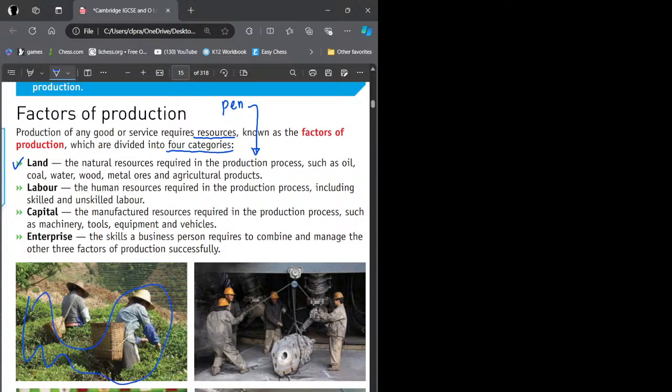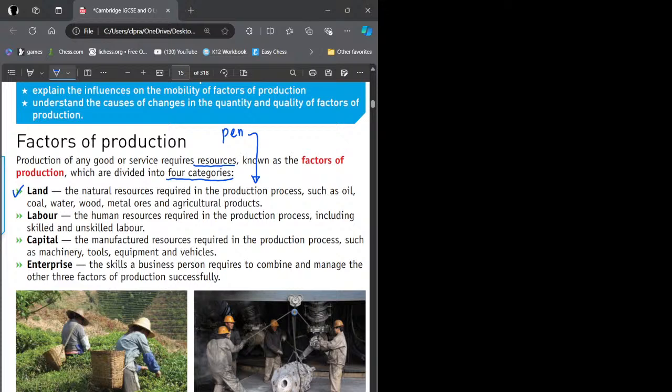Land can also include sheep, animals, etc. So do not limit yourself to thinking that land is only this land. Land can also be the sea as well, or water bodies, right? Have that in mind. So these are the natural resources. So you see, they are all resources. Then there are the human resources and manufactured resources, and we'll come to that.